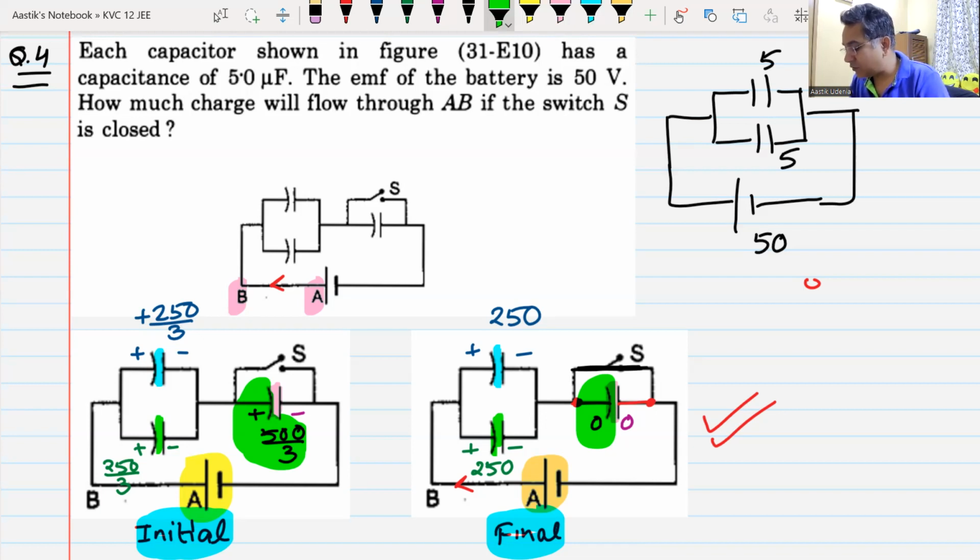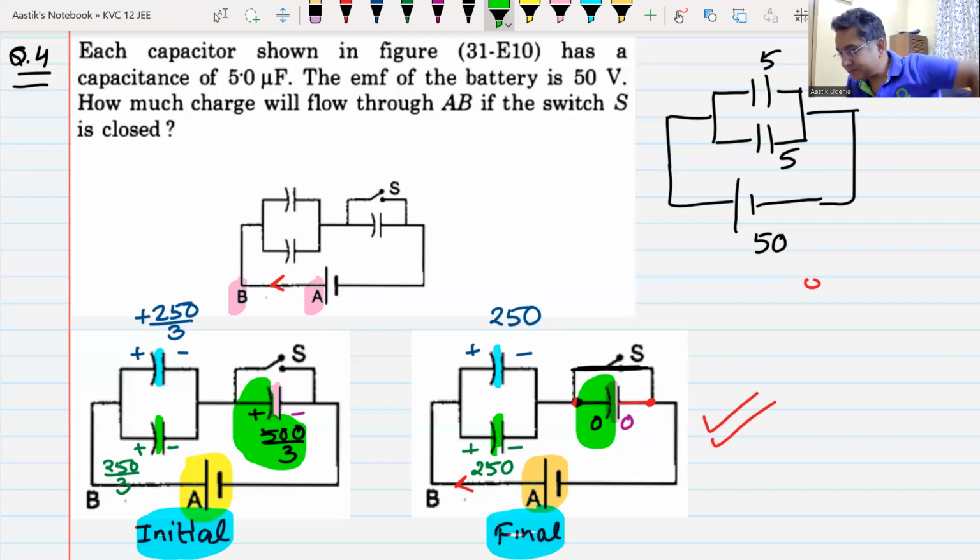How much charge has flown? Initially, the positive plate had 500 by 3 charge. Now the plate has 0 charge. What does that mean? That some negative charge would have flown from here to there.